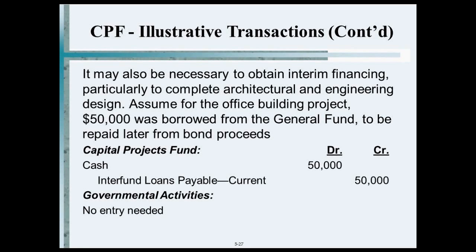What's the journal entry in the general fund? They're giving cash, so what is it? Credit cash and debit what? Some kind of a receivable, right, from the capital project. Due from capital projects fund, right? Okay. Remember, in fund accounting, entries always have to be balanced.